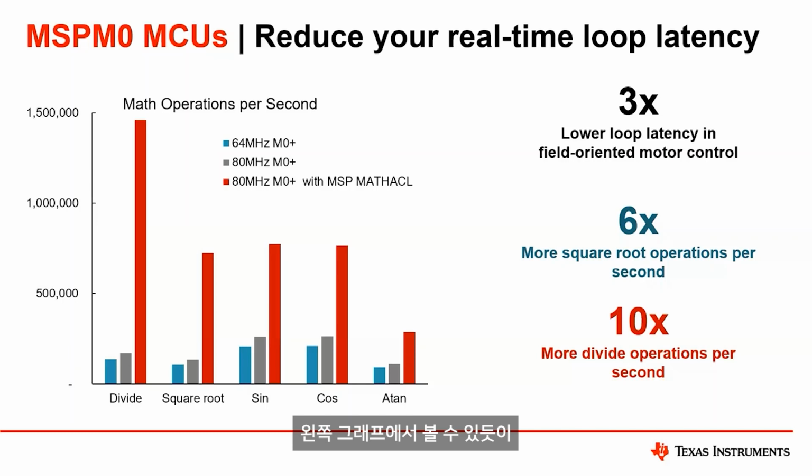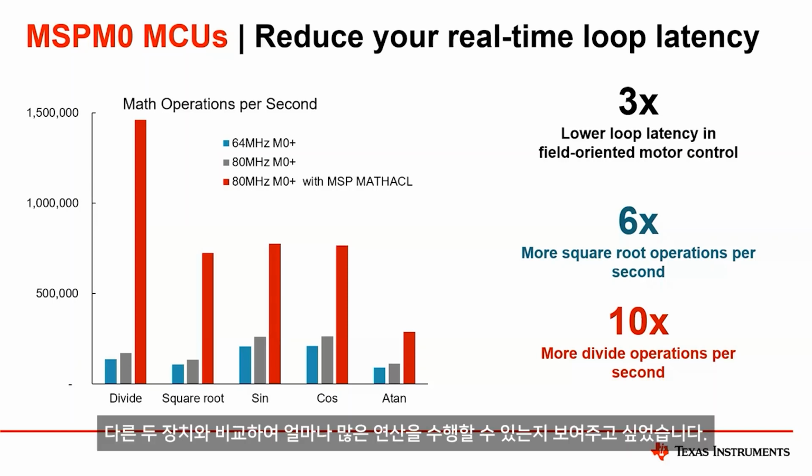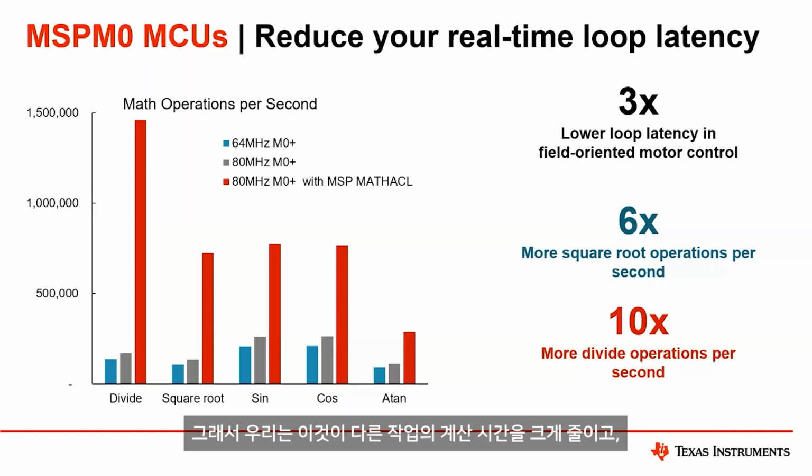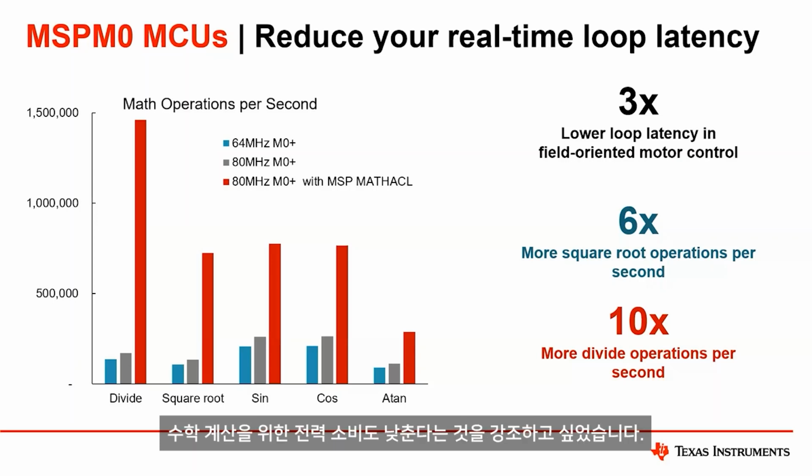You can see on the graph to the left, we really wanted to show a comparison between 64 megahertz, 80 megahertz, and 80 megahertz M0 plus with our MSP math accelerator, showing how many math operations per second you can do compared to the other 2 devices. We wanted to emphasize that this significantly reduces the calculation time of the different operations, increases the computational power for math-intensive and real-time critical tasks, speeds up control loop applications like motor control FOCs, and lowers the power consumption for math calculations as well.